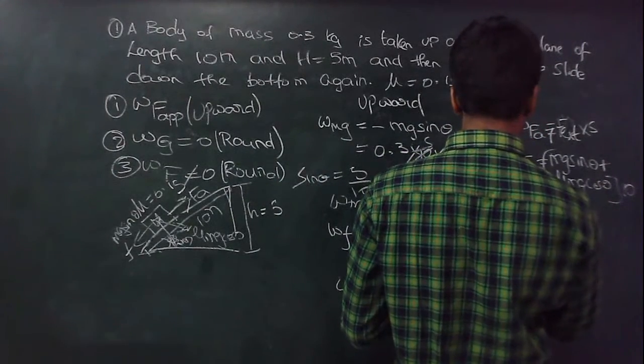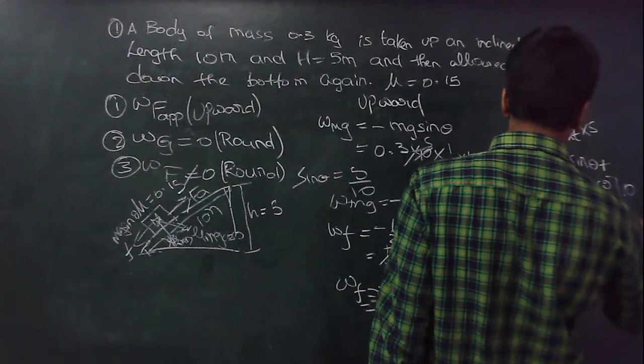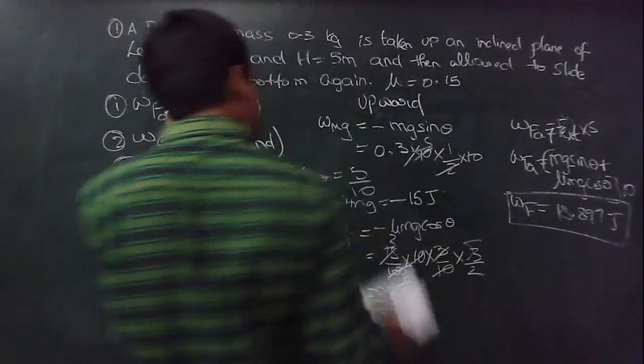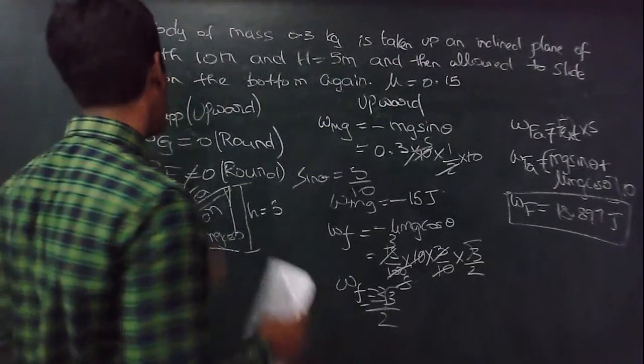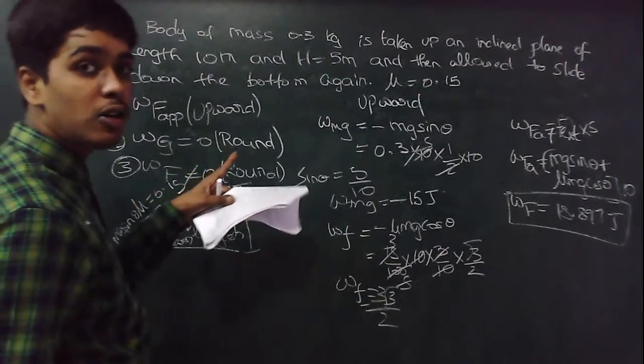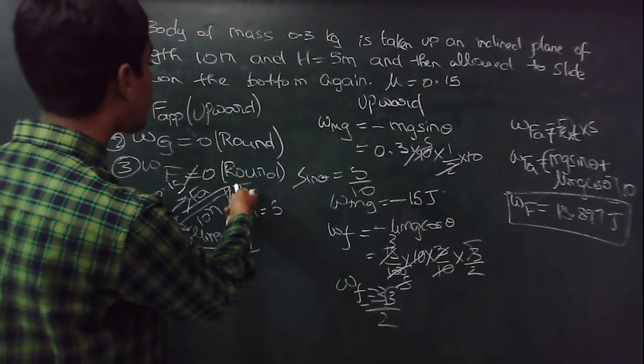So W_F is equal to 18.897 joules if you substitute here. Now that is for the upward journey, so we have completed this. For round trip it is equal to 0. Now let's solve the total round trip for this.